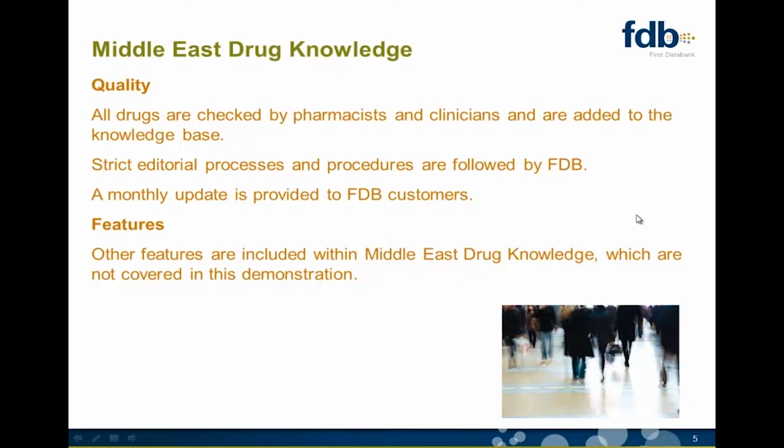Each person follows strict editorial policies and procedures that are already laid down and followed by FDB. A pharmacist is also employed in region to help with the queries which may occur. This ensures that only drugs that have been fully checked will be added to Middle East Drug Knowledge.